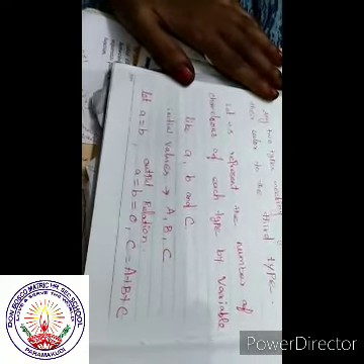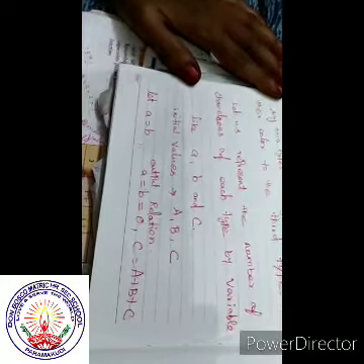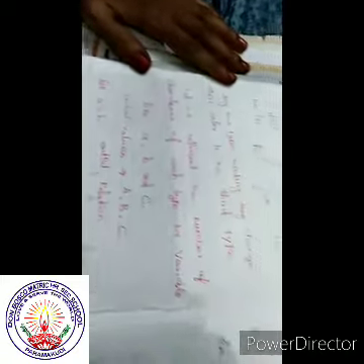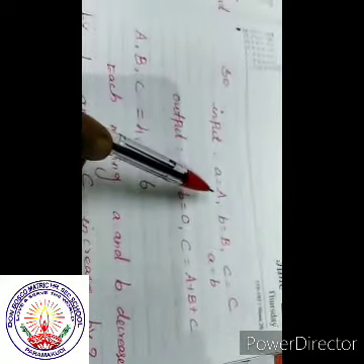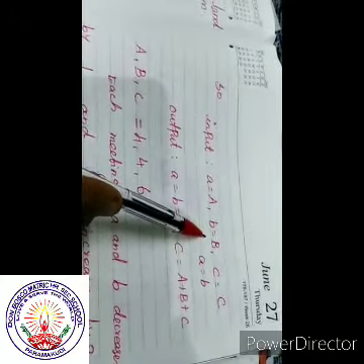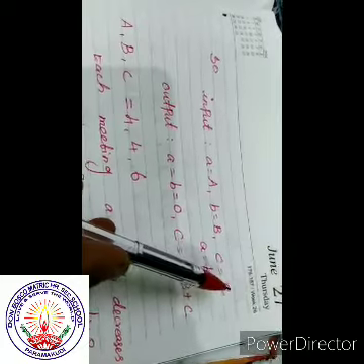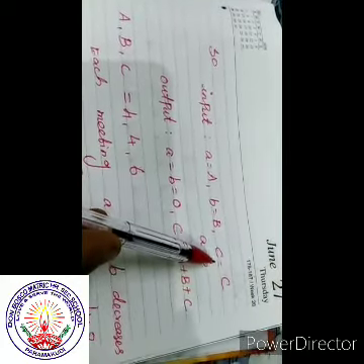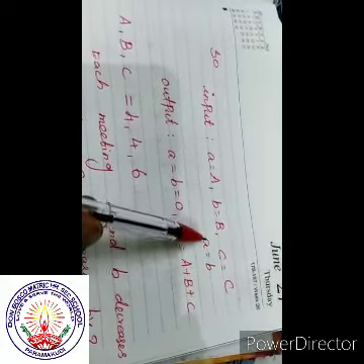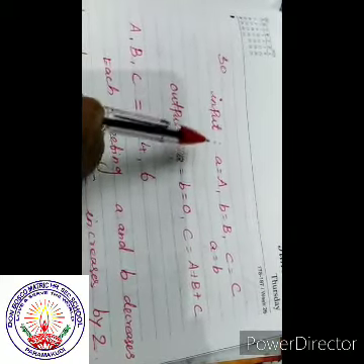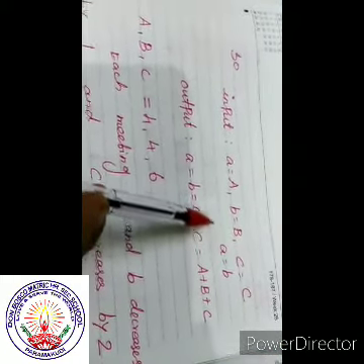So small a equals capital A, small b equals capital B and small c equals capital C. So here you have to consider any two chameleons are equal. So now I take A and B as equal.